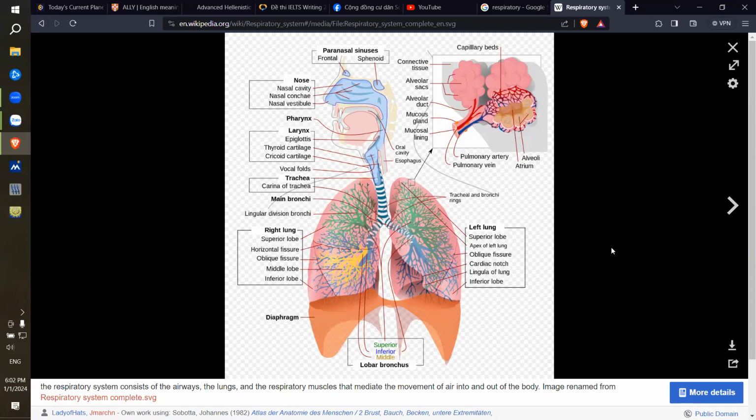At the end of the bronchi, you have something called the alveoli. Alveolus is singular, alveoli plural.